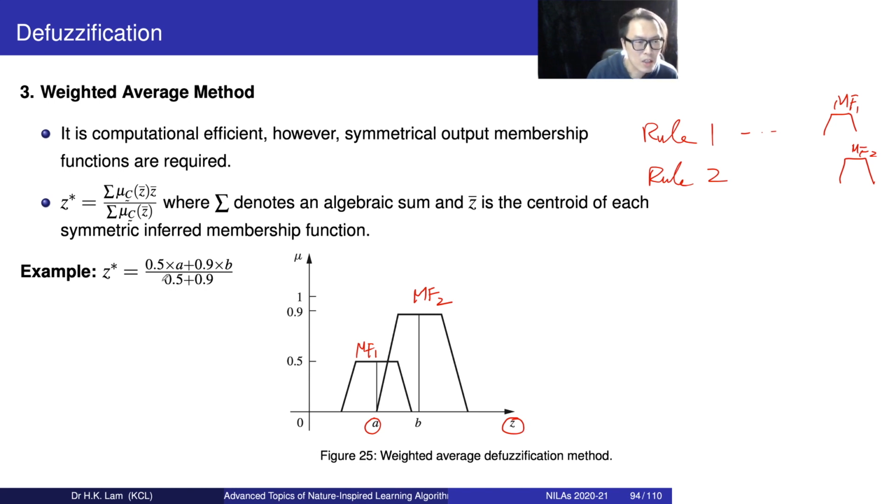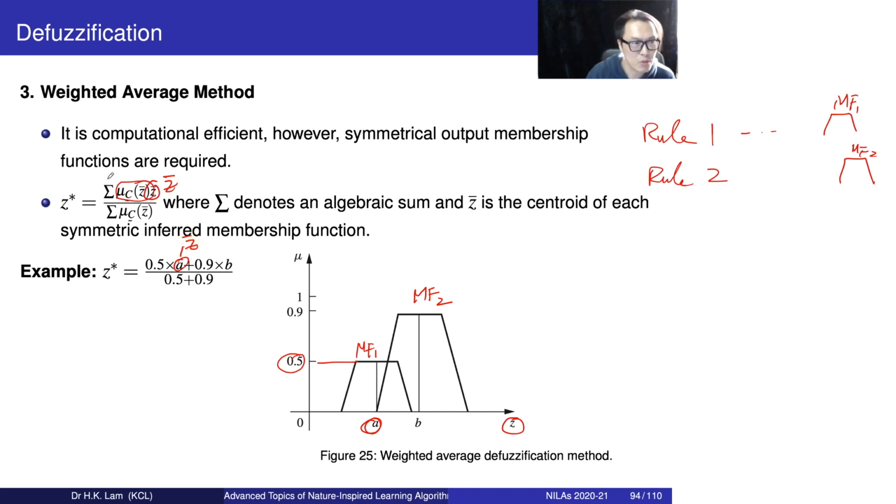So take a look at this example. Mu c for membership function 1 is 0.5. Mu c, again, this is the membership grade for membership function 1, times a, this a, that is the center right here, that is z bar. Okay, so this is z bar for membership function 1.